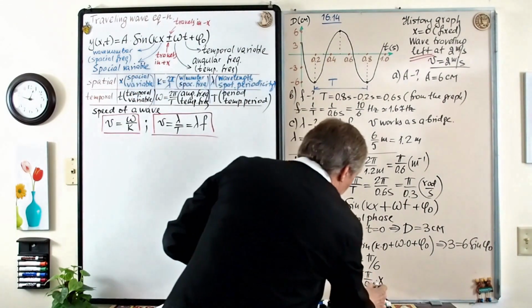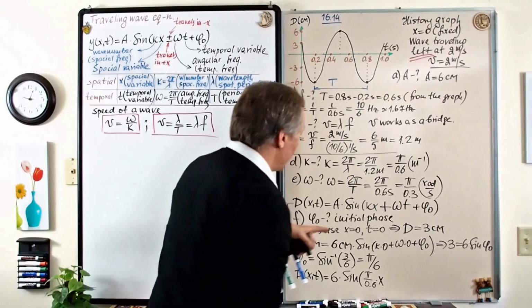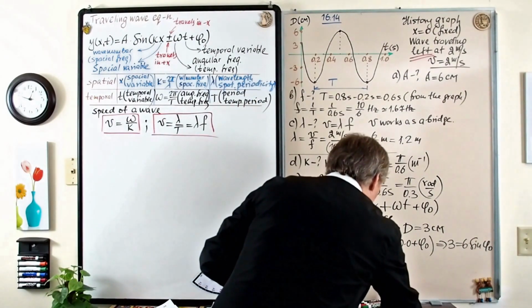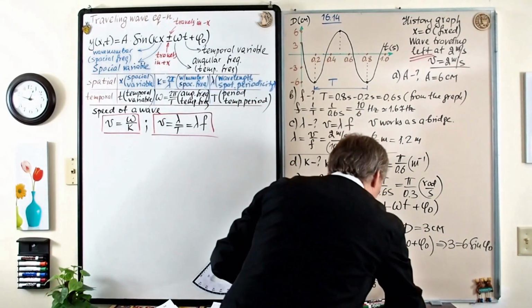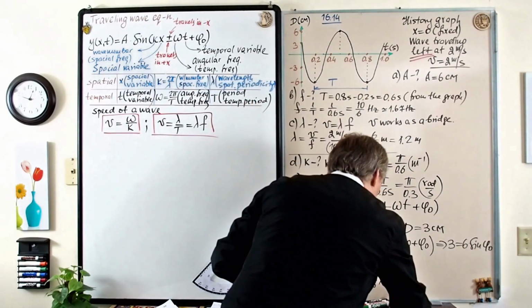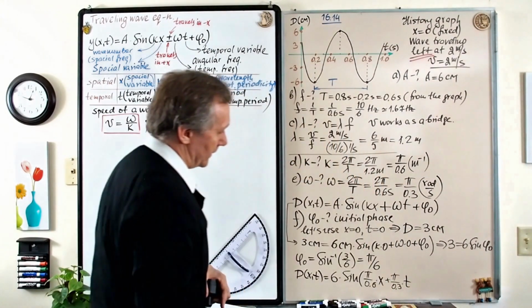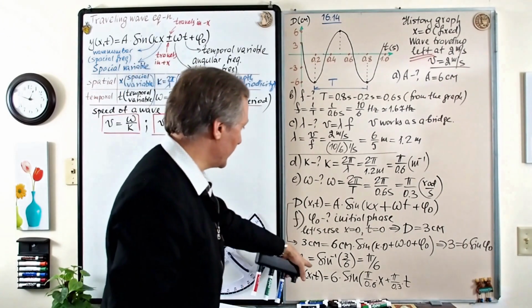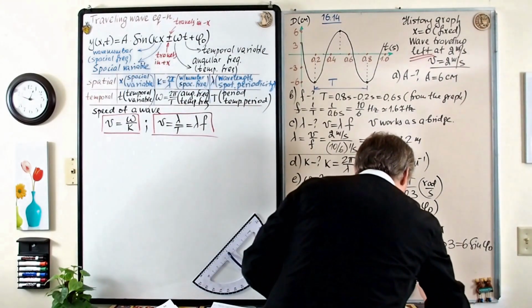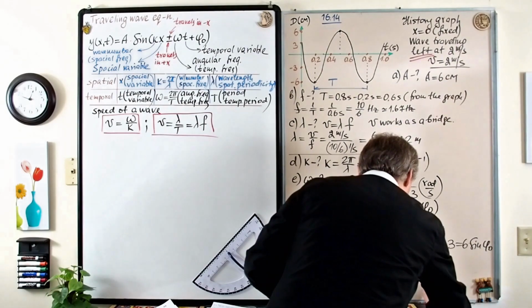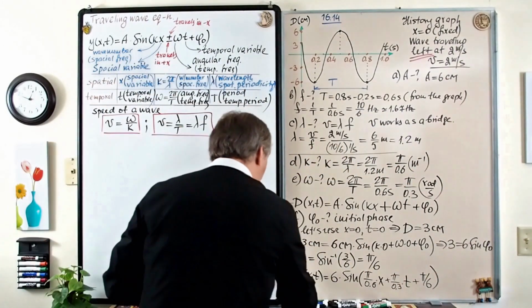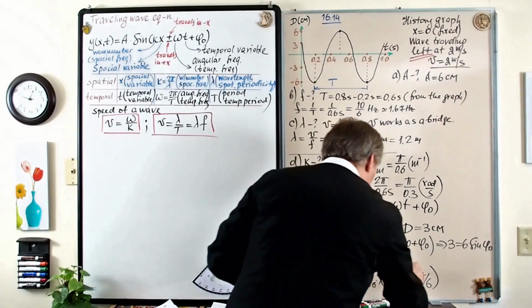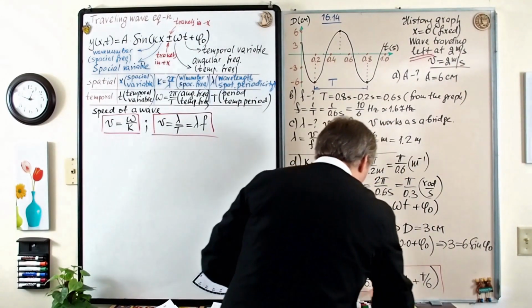Then, okay, plus omega, where is my omega? Here, pi/0.3 times t, right? And plus our phi naught, which we just found, plus pi/6, right? So that's our traveling wave equation, which describes this particular wave, right?